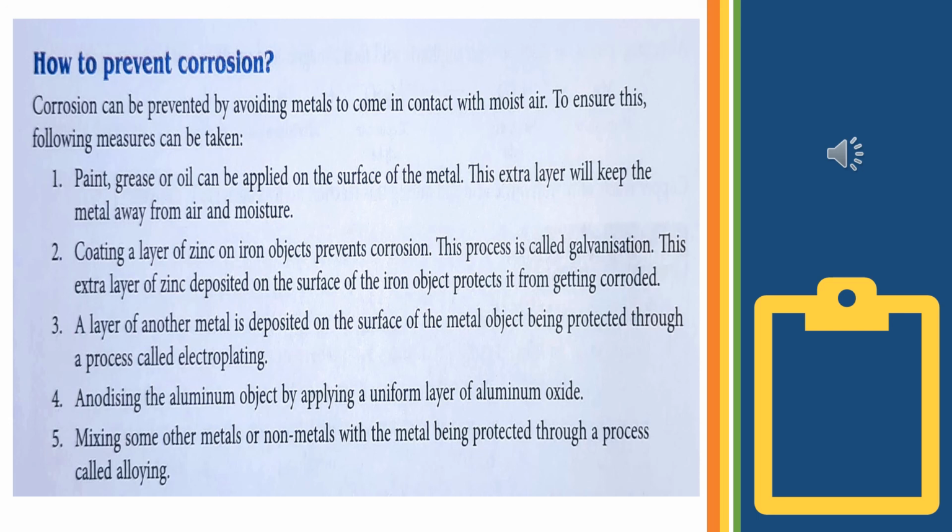In stainless steel, some metals are added in the molten state. Molten state means when iron is melted, a few more metals are added to it, and these metals don't allow rust to take place in iron. The example is stainless steel which we are using at home.